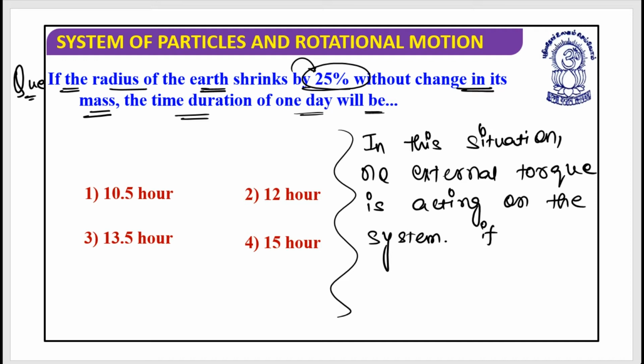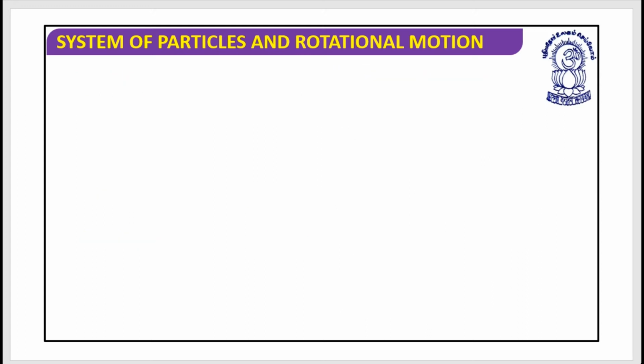If external torque is equal to 0, that means initial angular momentum should be equal to final angular momentum. So Li is equal to Lf. Li is I1 omega 1, which is equal to I2 omega 2.